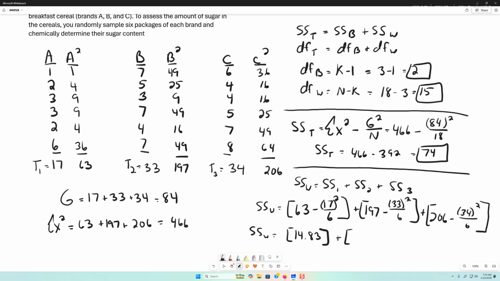You're going to do 33 squared over 6, get an answer for that, subtract 197 minus that answer, and I get 155. And then you're going to do it here again, 34 squared over 6, subtract that value from 206, and you get 13.33, rounded. I then add all those values up. And when I add all those values up, I get 43.66 for my sum of squares within.